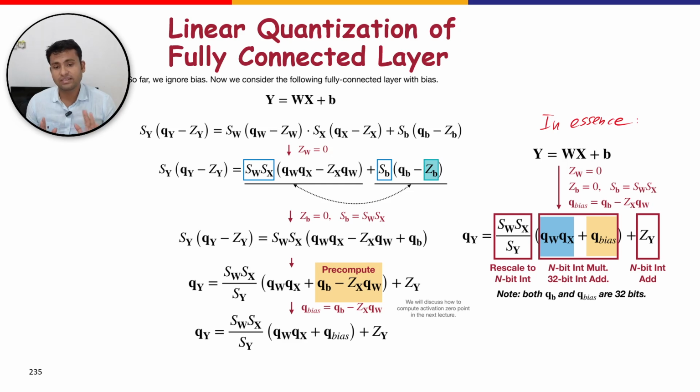The main goal again is to find this QY in the most computationally effective manner. Previously, instead of QY you were finding this Y, but we were spending a lot of computational power in calculating this Y. We were multiplying 32-bit floating point numbers by 32-bit floating point numbers, which is a very time consuming operation, and very energy consuming as well.